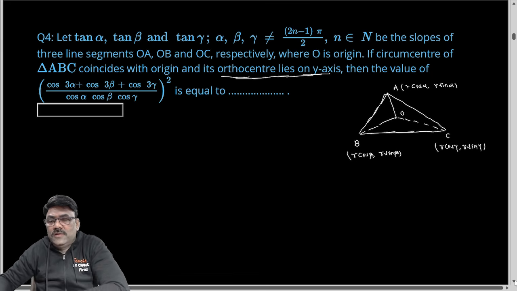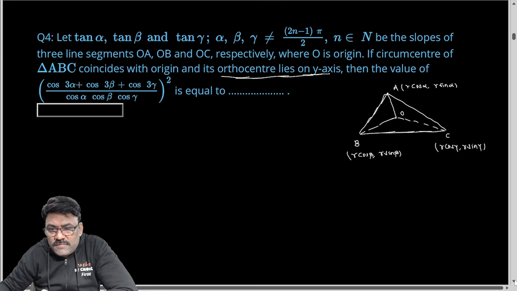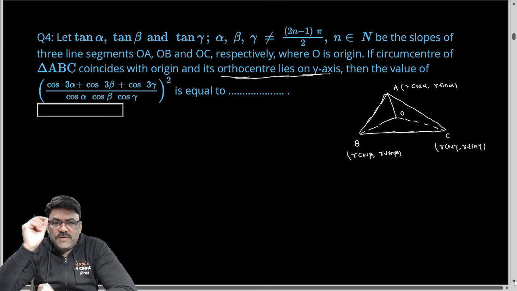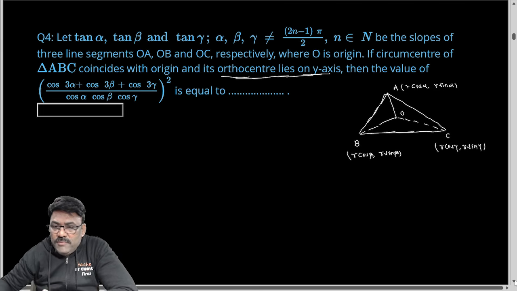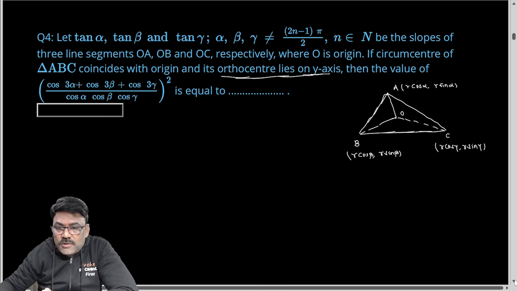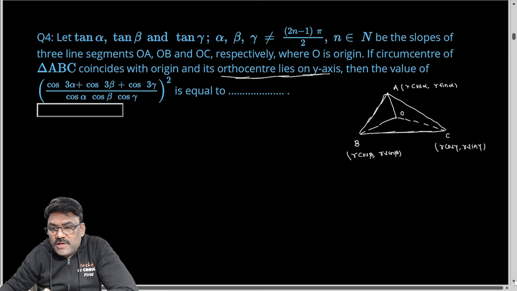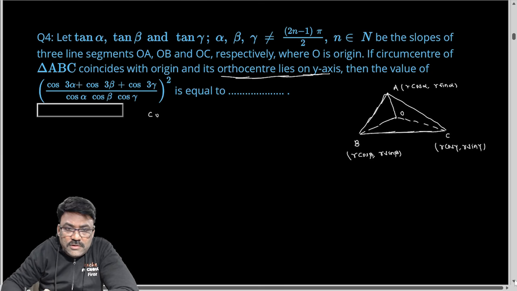And the centroid lying on the y-axis means x1 plus x2 plus x3 will be 0. x1 plus x2 plus x3 by 3 is the x coordinate of the centroid. Since the centroid lies on the y-axis, the x coordinate of the centroid should be 0. So r cos alpha plus r cos beta plus r cos gamma is 0, or cos alpha plus cos beta plus cos gamma is 0.